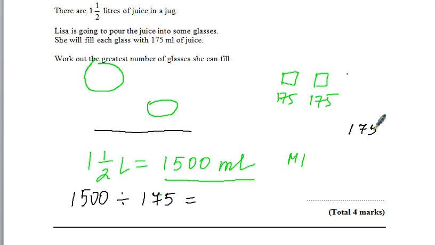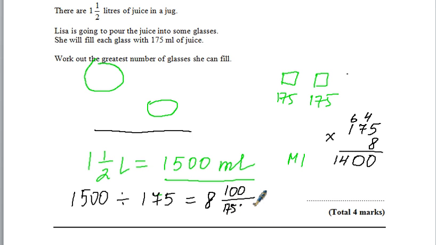How I will check: 175 times 8 is 5 times 8 is 40, 7 times 8 is 56, plus 4 is 60, 1 times 8 is 8, plus 6 is 14. So we've got 1400 and 100 left, so it is 8 whole and 100 left. 100 is the remainder over 175, that's what we've been dividing by.